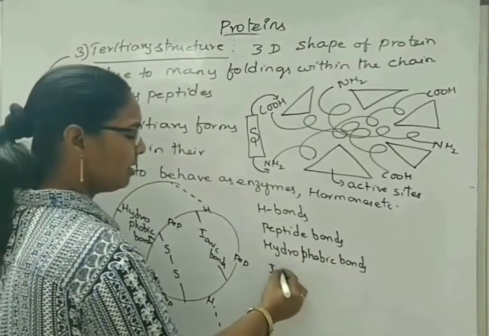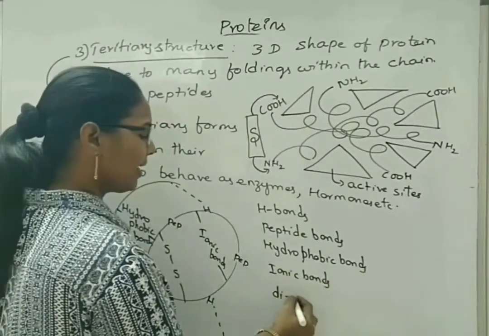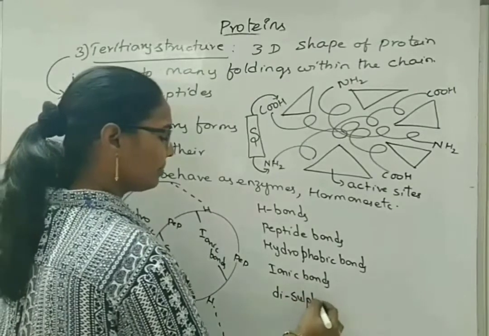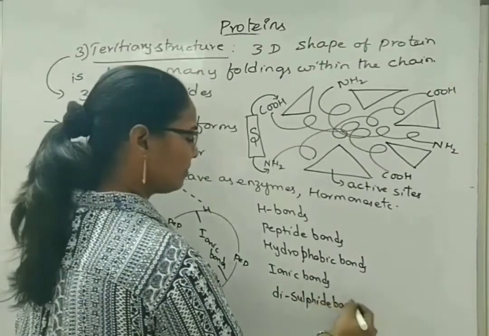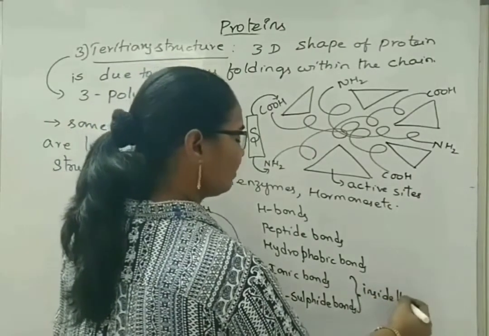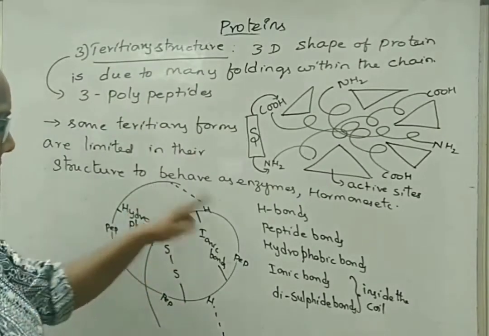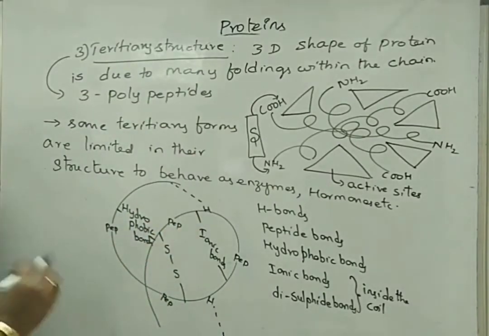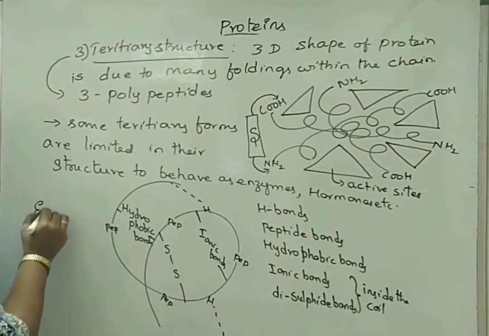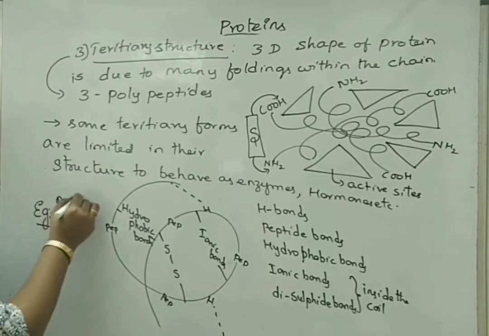Inside the turn, ionic bonds and disulfide bonds. So these are present inside the coil or helix form or inside the turn. Here we cannot specifically take one or two names, but simply we can write mostly enzymes.